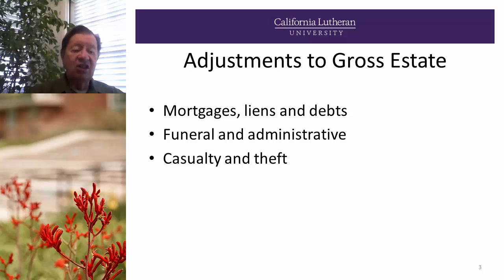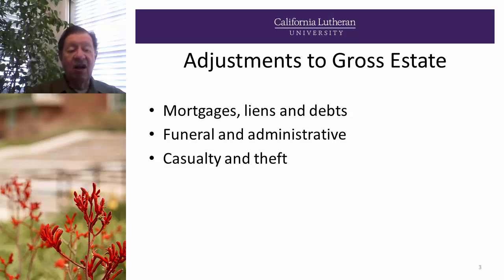Now, the casualty is the one you have to be careful for. It's the casualty during the period of estate administration. So the typical example is there's a car crash, and in a car crash, the driver dies and the driver owns the car. Well, at the time of death, the car was not worth anything, so it doesn't go into the estate. But we'll take another example.